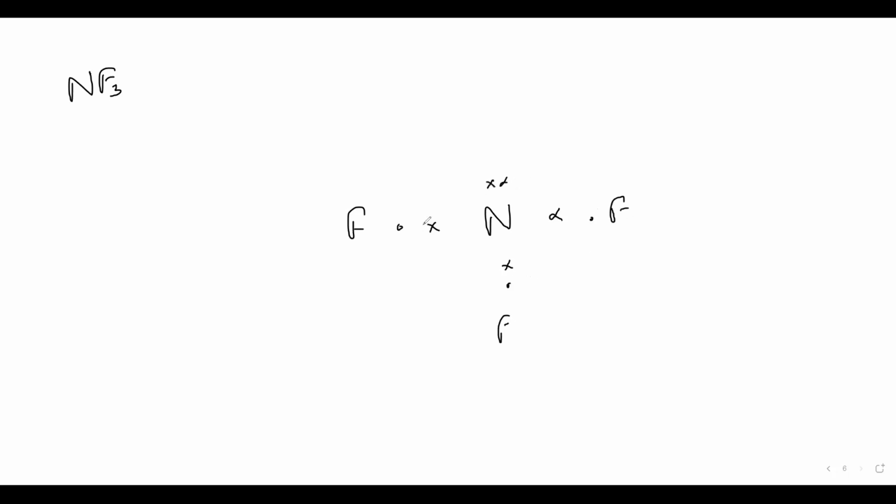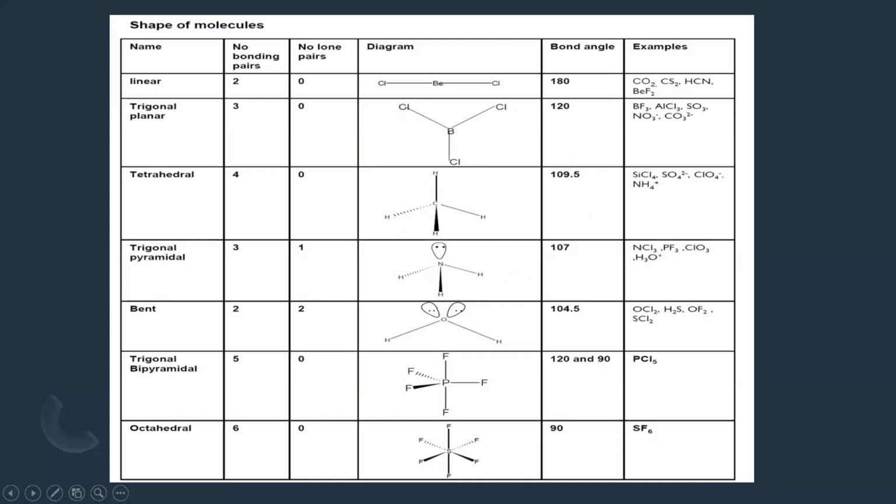So it has 3 bond pairs and 1 lone pair. Whenever a molecule has 3 bond pairs and 1 lone pair, the structure is trigonal pyramidal, and this is how we should draw it.